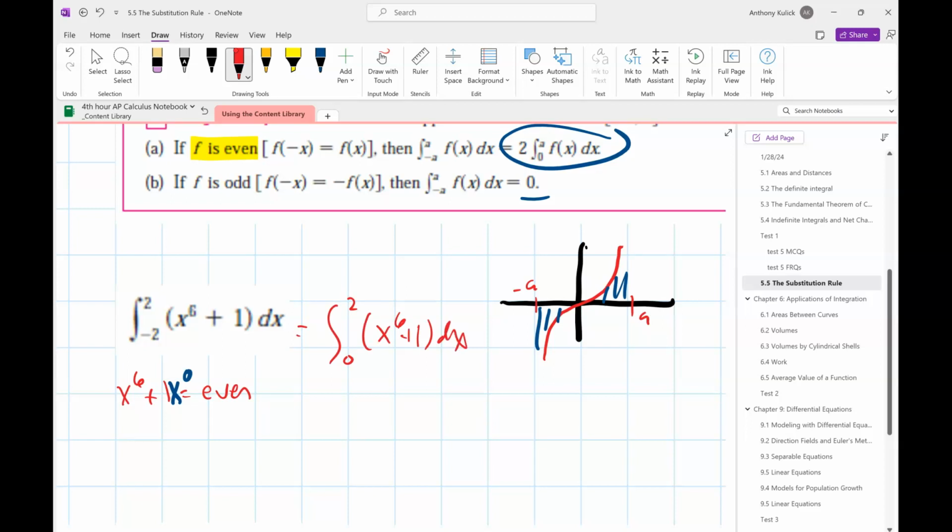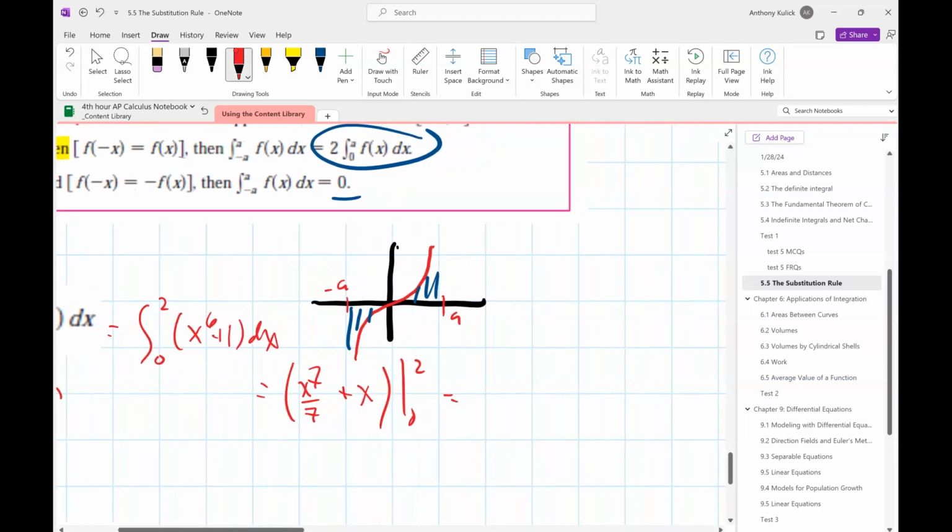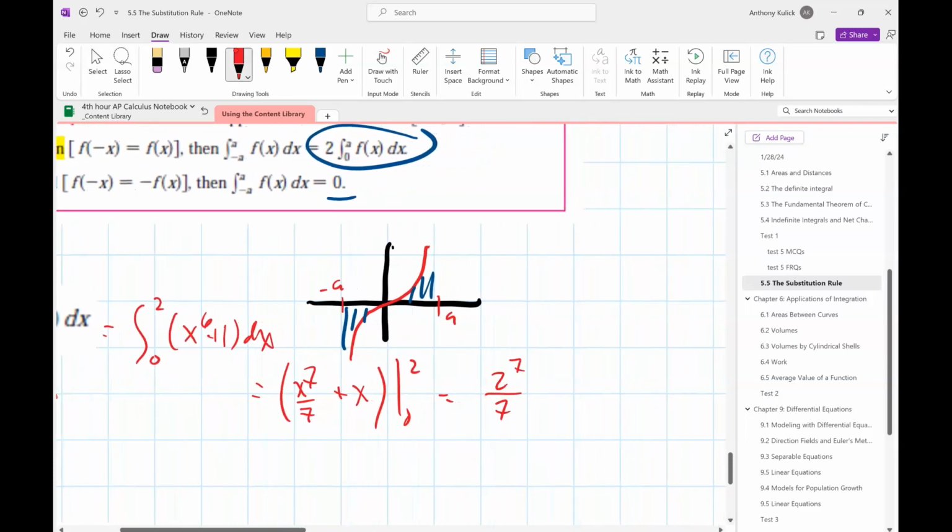You could do that, which is not a terrible time saver. And that's good enough, I think, for us, right? I'll leave common denominators to you guys.